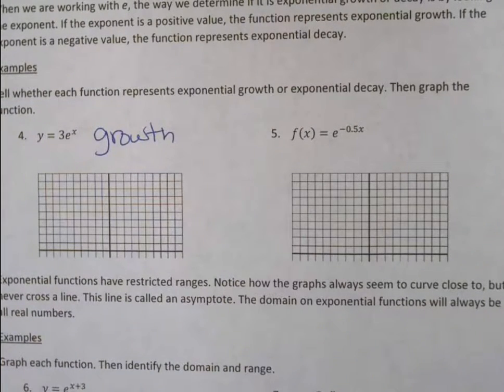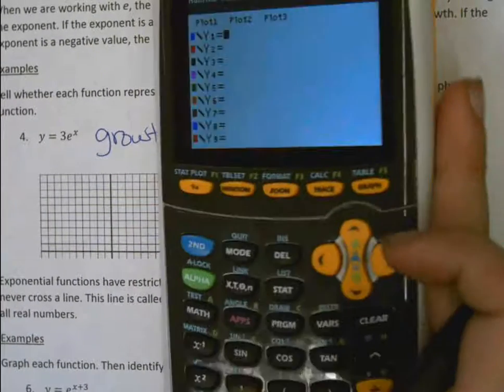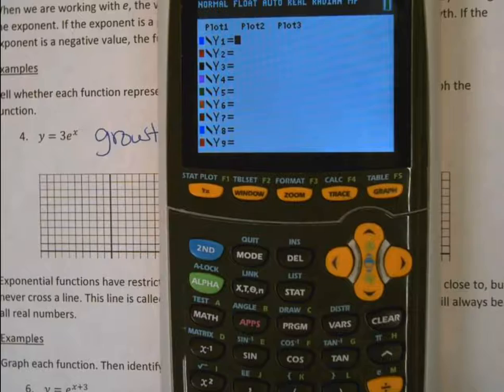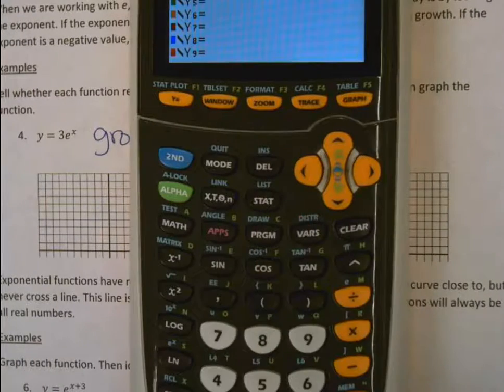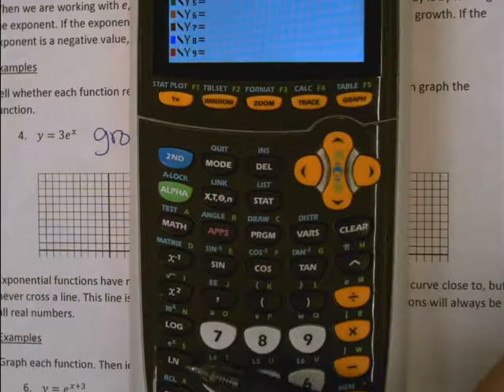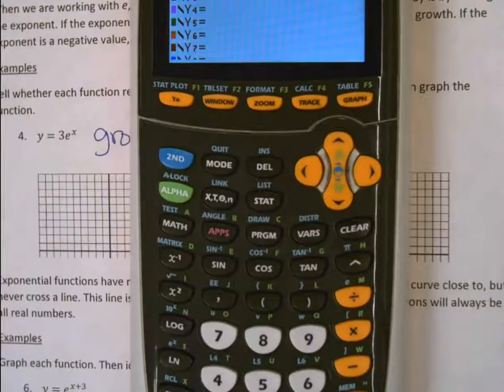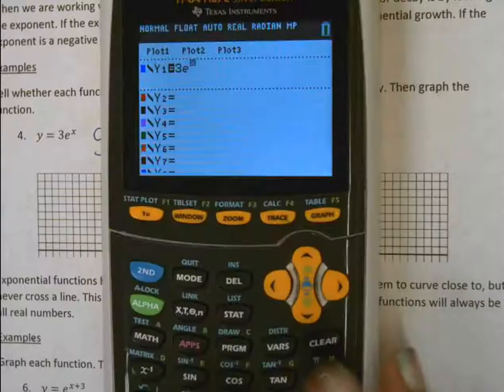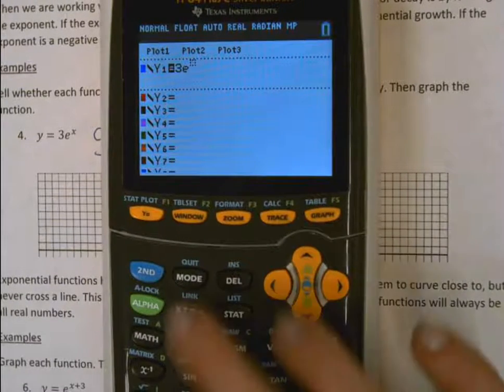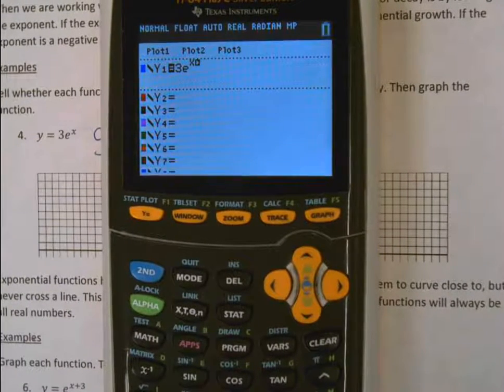So then what I want to do here is graph this. Where is e on the calculator? So I type 3, and then e is, you see this button that says ln? Right above it in blue is e, so I'm going to go second ln. And then I type x. Oh, so e is that number? Yes.